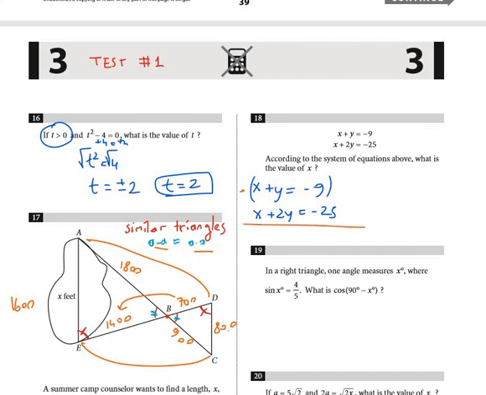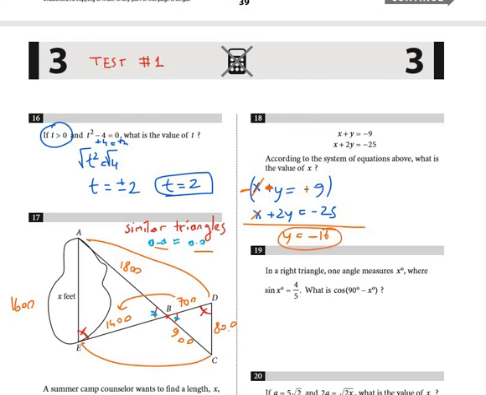So if I multiply everything by negative, this will be negative x, this will be negative y, this will be positive 9. For the sake of space, I do it here. So x's will cancel, 2y minus y will be y, and -25 plus 9 will be -16.